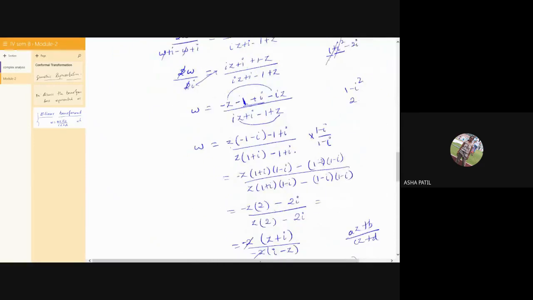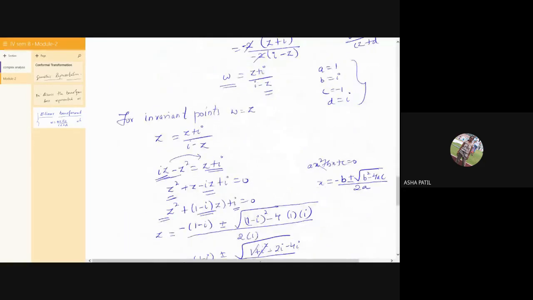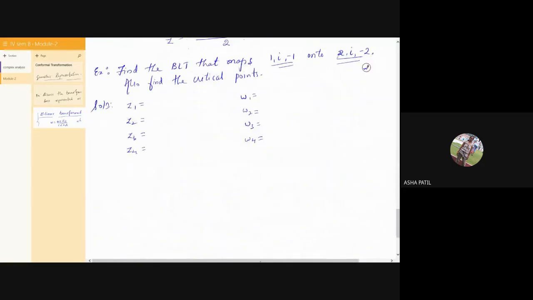So whatever the first ones are, we consider them as the Z points, and the second ones are the W points. So Z1 is 1, Z2 is i, Z3 is minus 1, Z4 is Z. W1 is 2, W2 is i, then minus 2, and we'll take W4 as W.